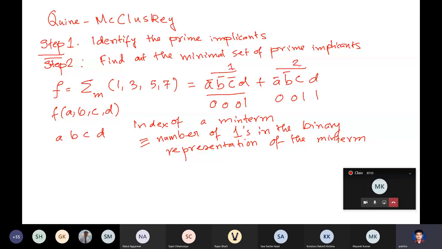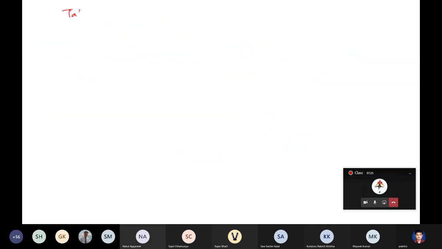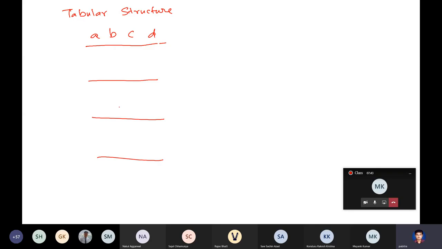So I make a tabular structure where I group the minterms, with columns A, B, C, D. I group the minterms according to their index values. The zero index has no ones, so this will naturally be 0, 0, 0, 0.